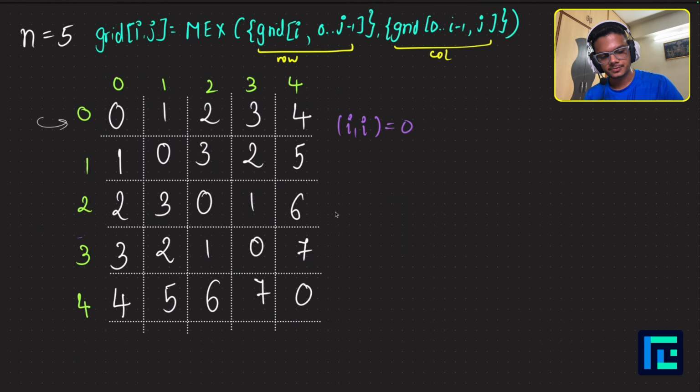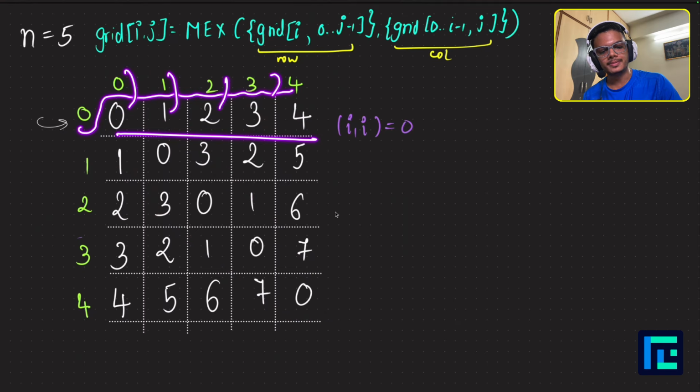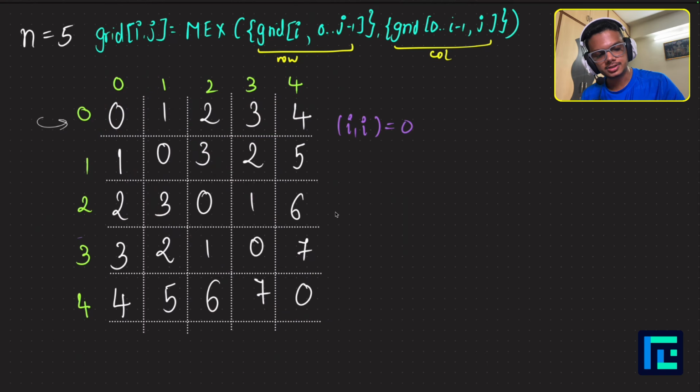Then look at this 0th row. It has values like 0, 1, 2, 3, 4. For example, if 0 is paired with all the possible columns, you get the column number back. In other words, for the 0th row, you get the column number back, right?